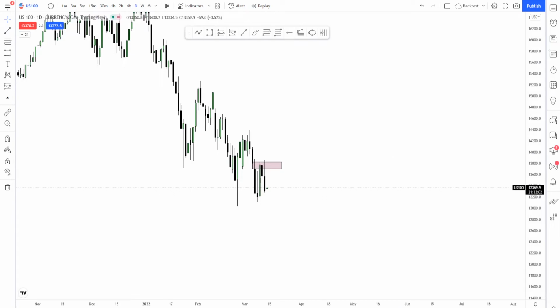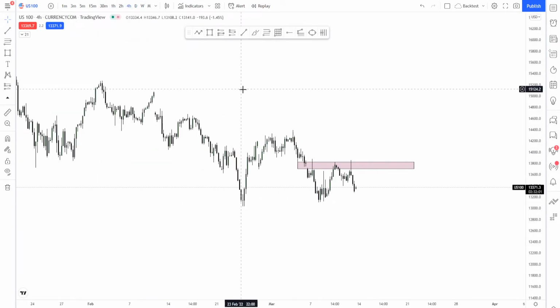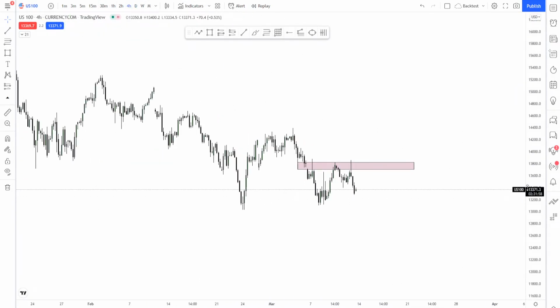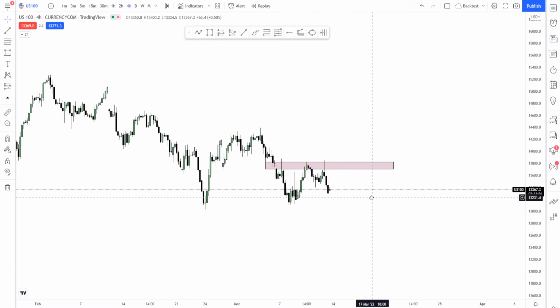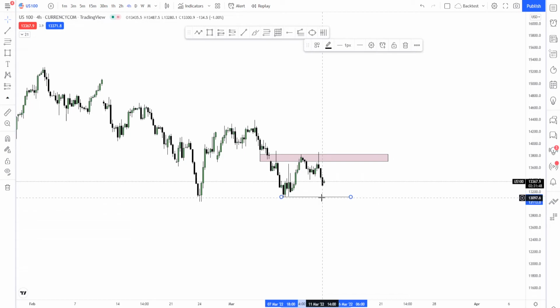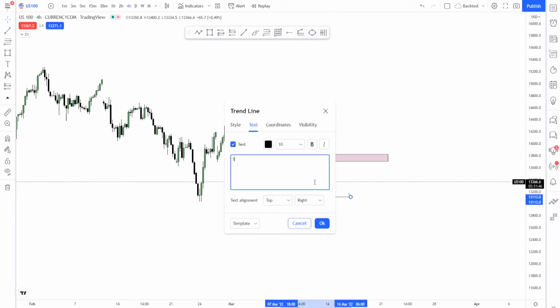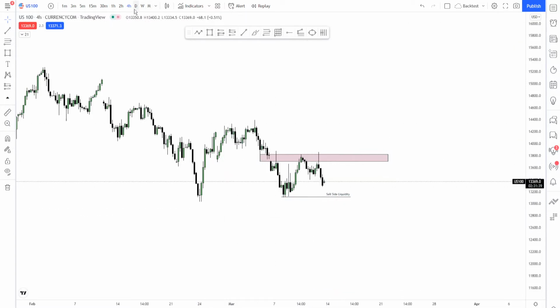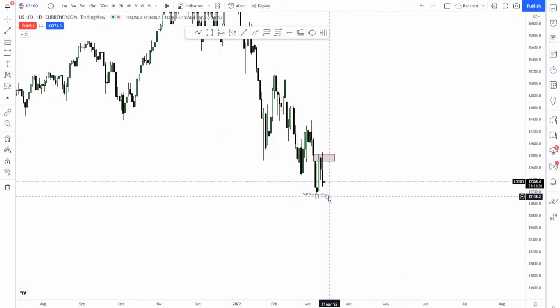Okay, let's check the 4 hour. It's come into this volume imbalance, and now we want to aim for these relatively equal lows right here. Here's your sell side liquidity. This is your first target, and since this is close, let's have a look at another.